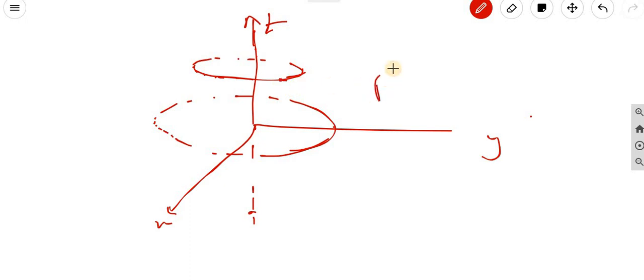Any point we consider, this is P, X, Y, Z.